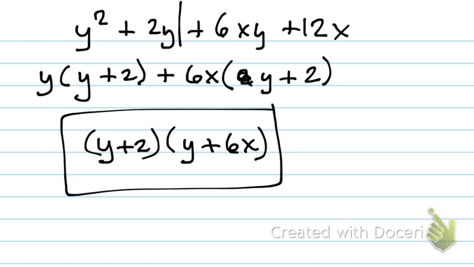Now if we'd done it with the x's, what we'd have gotten was 6x plus y and 2 plus y. But they mean the same thing. Okay? All right, let's see.